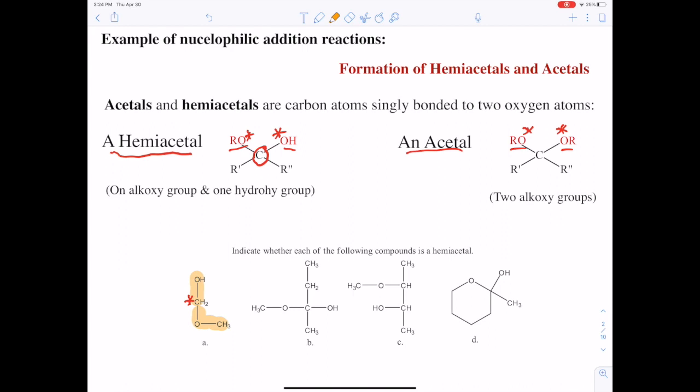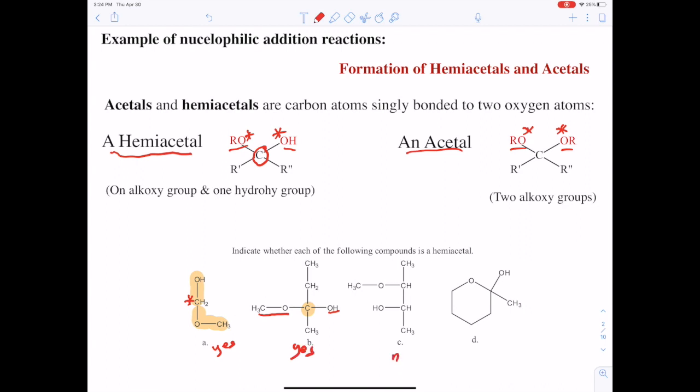Now, is there a carbon like that in the compound B? Yes. That carbon has two oxygens. One is an OH, a hydroxyl, and one is an ether type linkage, an alkoxy group. So that is yes and yes.